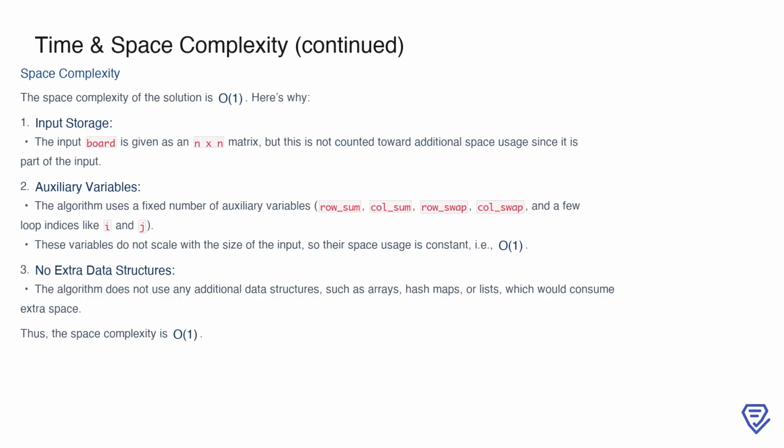These variables do not grow with the size of the input, meaning their space usage remains constant. Additionally, the algorithm does not rely on extra data structures like arrays, hash maps, or lists to store intermediate results. Because no extra memory is allocated that scales with the input size, the space complexity of the solution is O(1).